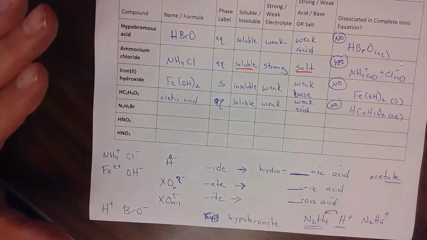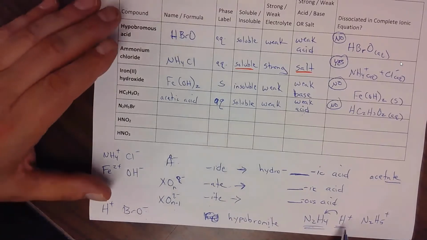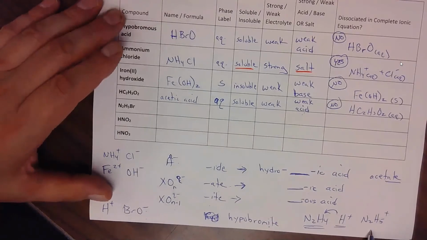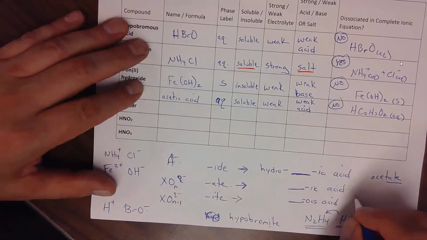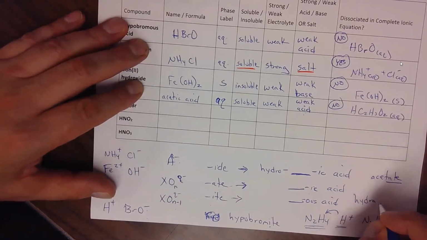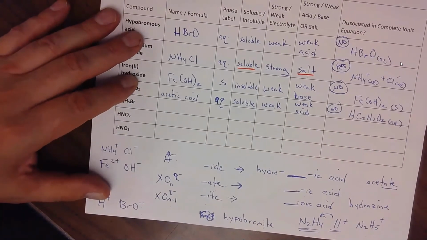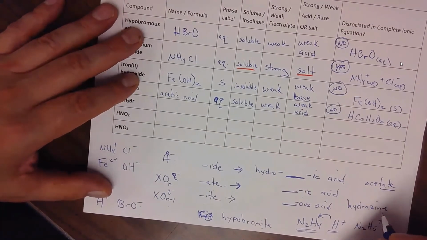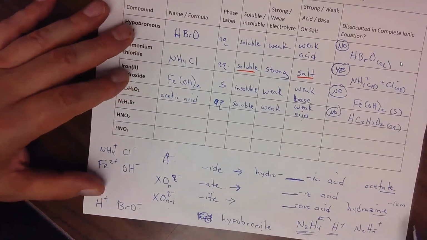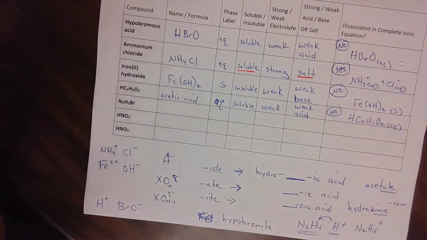So you would have known that this was an acid-base reaction to form this new ion. And this hydrazine, the INE becomes IUM. I do not expect you to name these, by the way. I do not.